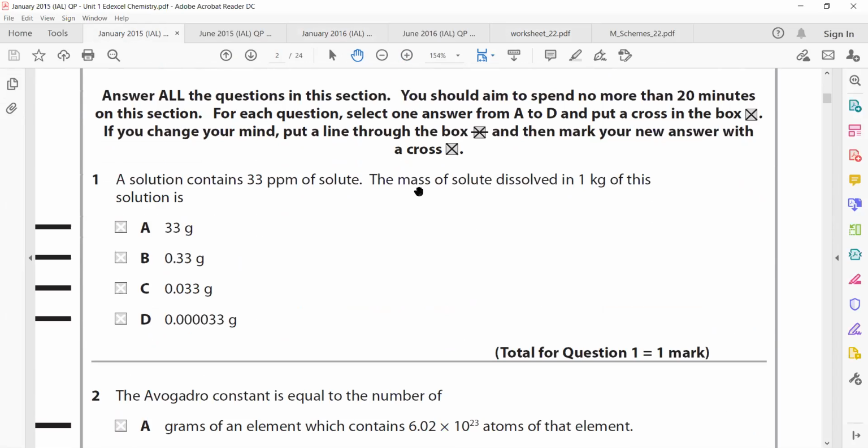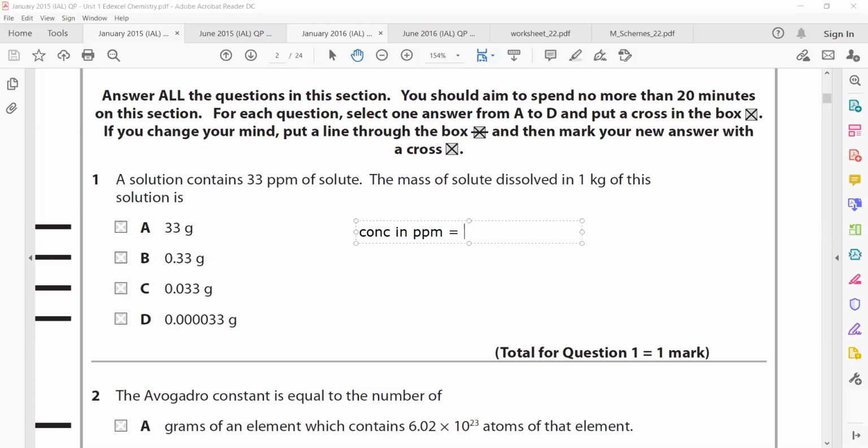Okay, in this question, a solution contains 33 ppm of solute. The mass of a solute dissolved in 1 kilogram of this solution is, I will give a formula. So the concentration in ppm, ppm means parts per million.